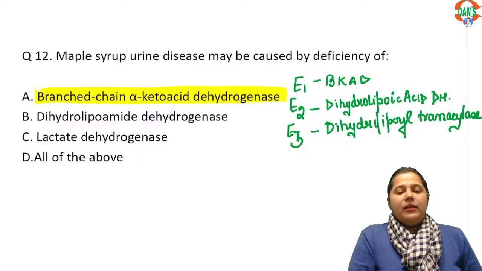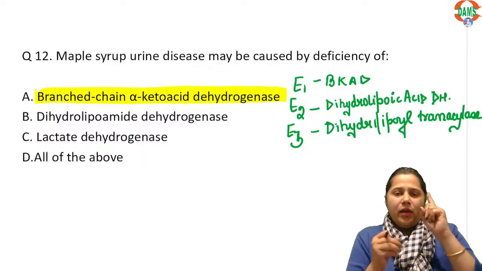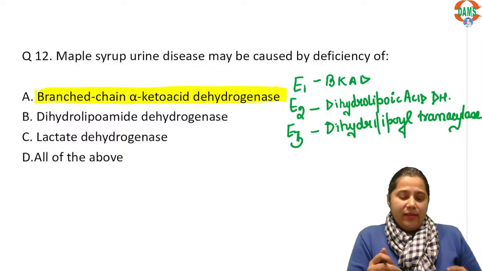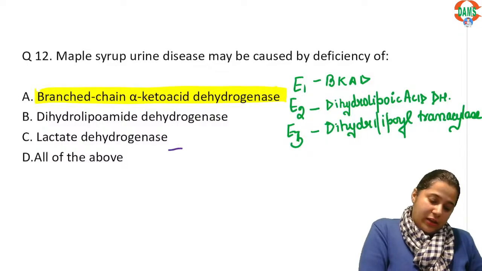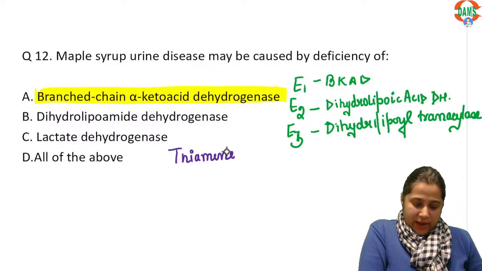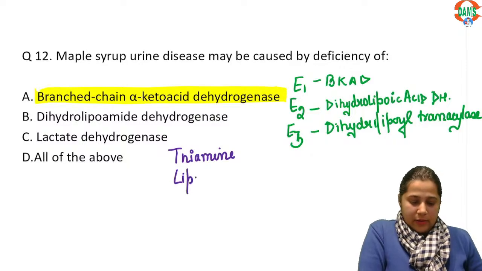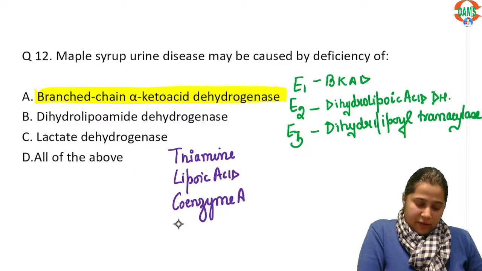These three, E1, E2, E3, together make one enzyme, and these require 5 coenzymes. These include thiamine, lipoic acid, coenzyme A, FAD and NAD.